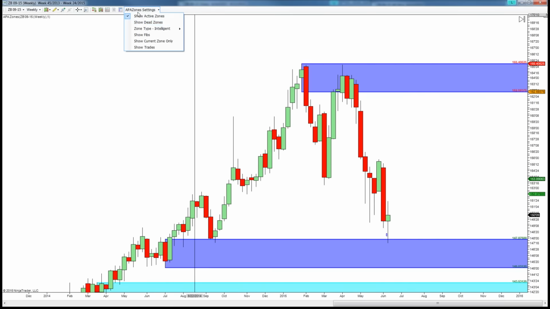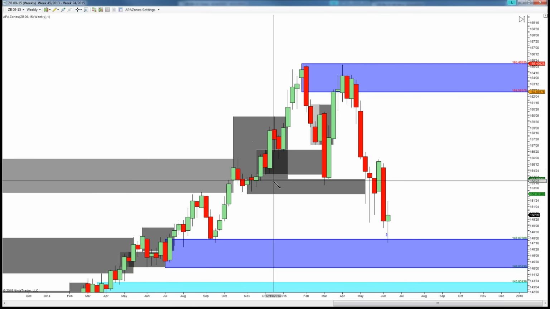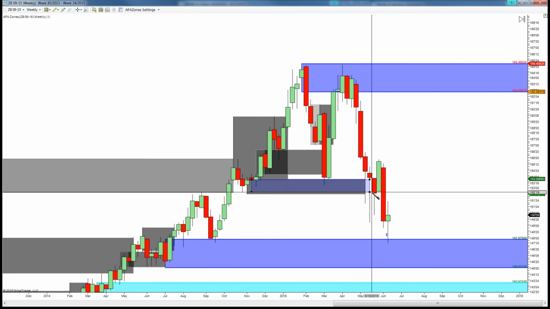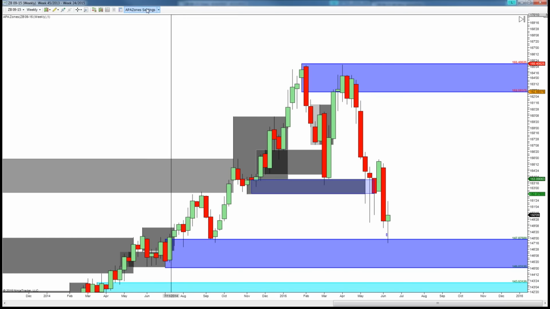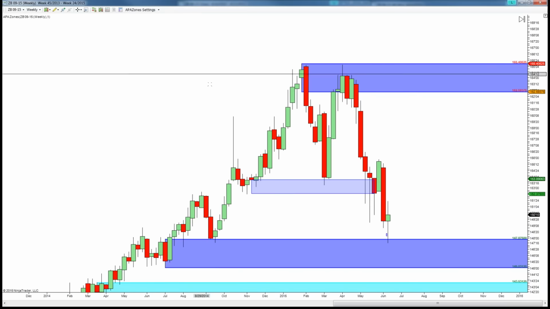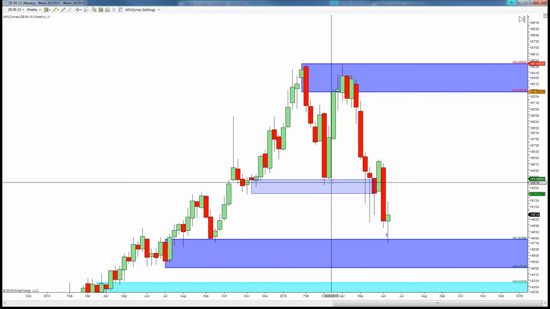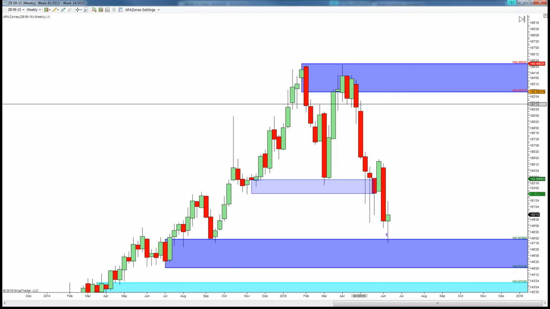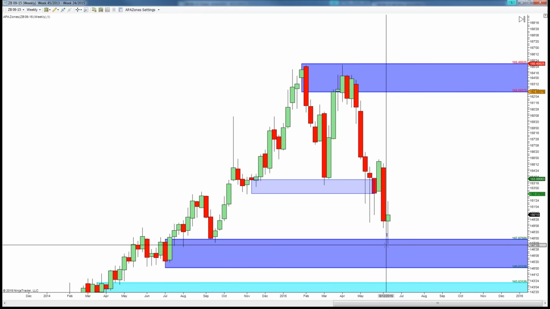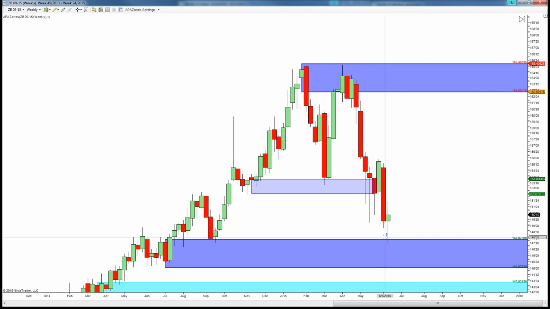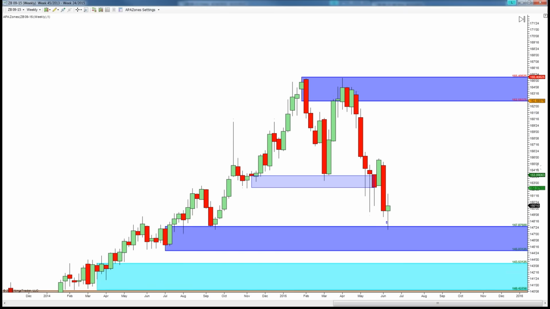if we turn on the dead zones here, show dead zones, yeah, there it is. We had this dead zone right here, so it has pushed through a couple different levels for us, and obviously we failed to break higher, so now it's coming down low. All right, now the question that we have to ask ourselves: is this a pullback, or is this a major trend directional change type of thing going on here?